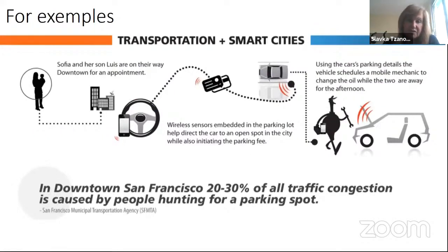In the so-called smart cities, you can see that everything is smart except we. Of course, it is just the opposite. We are the smart. Okay, they say that they saved a lot of time in San Francisco to find a parking, but yes, this is a big problem. In big cities, it's very difficult to find a parking, for example.